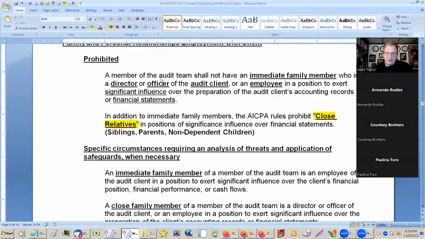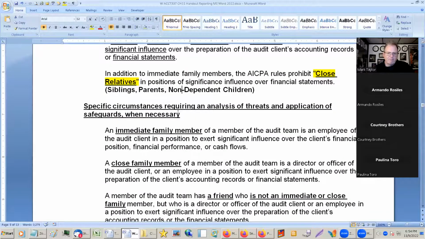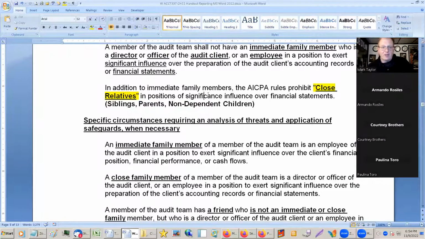They are not prohibited under the international standards. And this can create a problem because maybe your parent is somebody up in the company, working as a controller or accounting manager or something, and you won't be able to do the audit through no fault of your own.